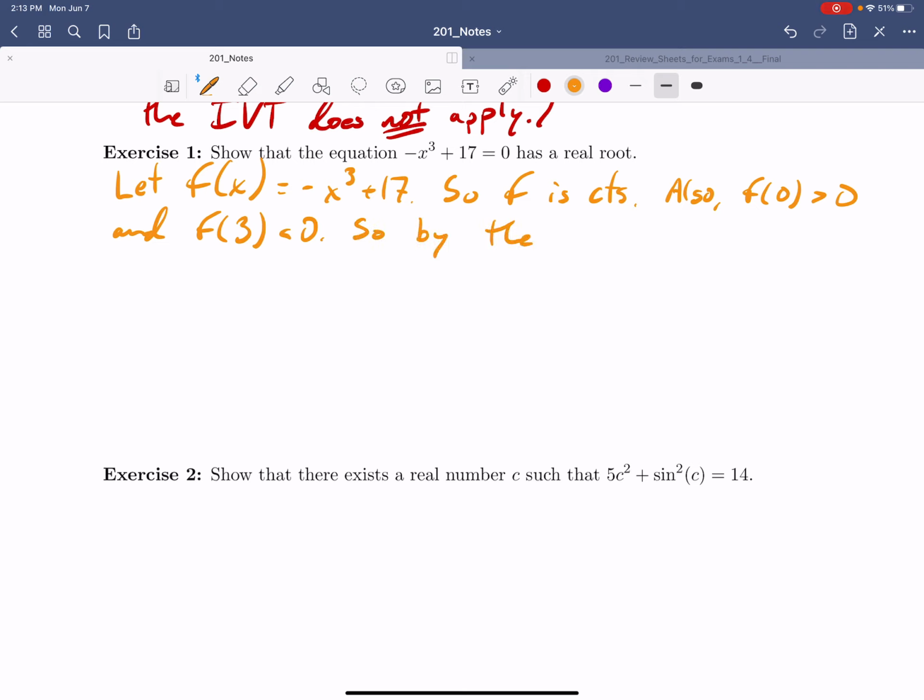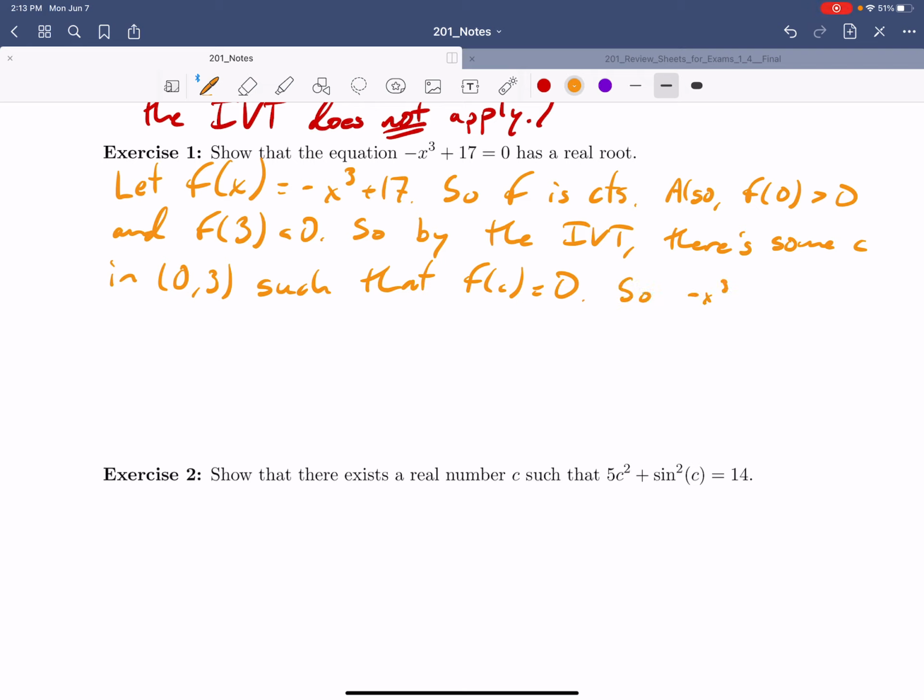So by the intermediate value theorem, there's some c in the interval 0 to 3 such that f of c equals 0. We've always said such that, we'll just keep writing that. So negative x cubed plus 17 equals 0 has a real root.